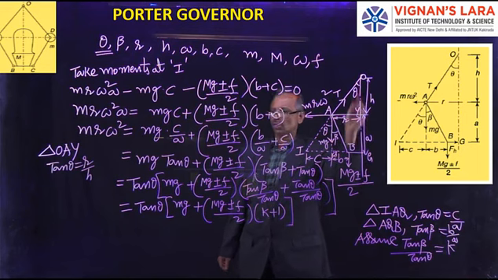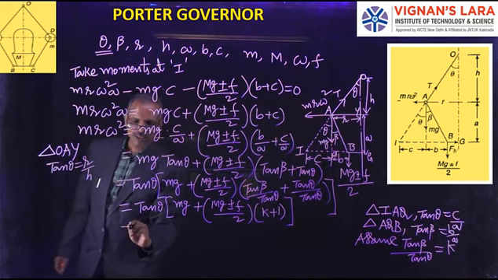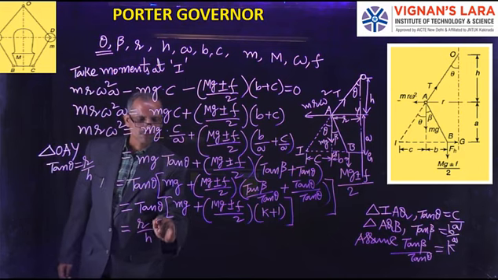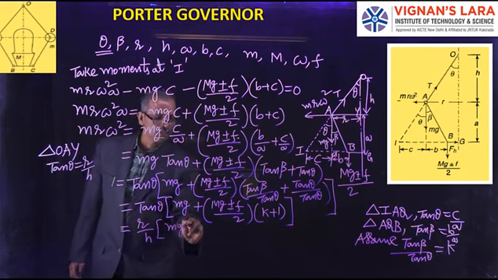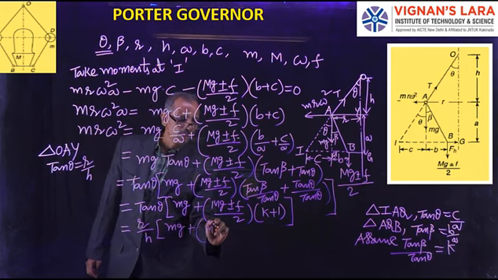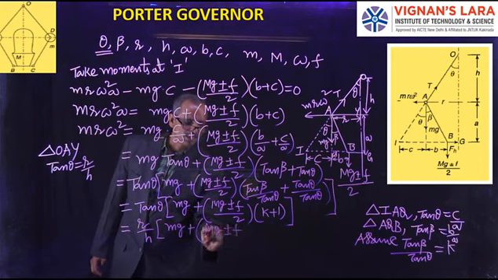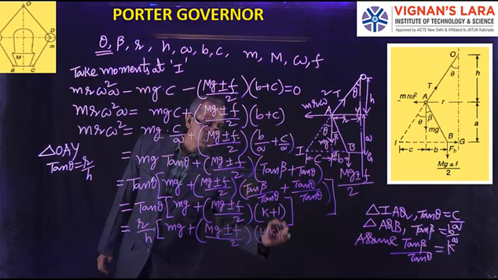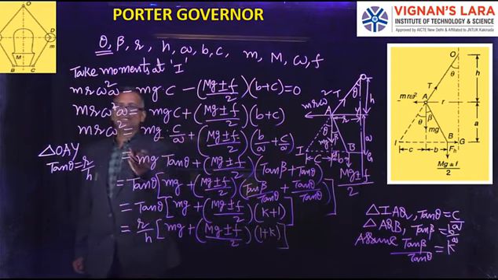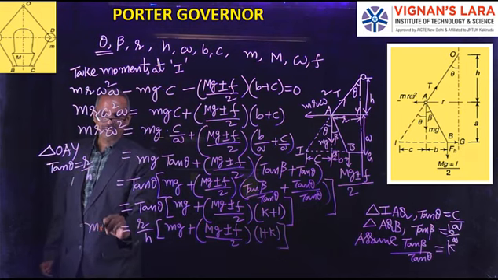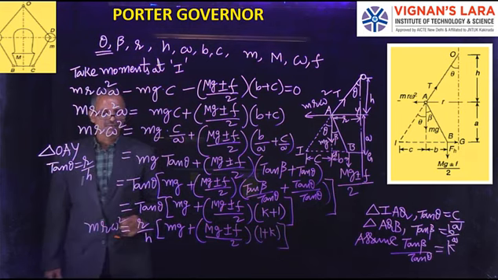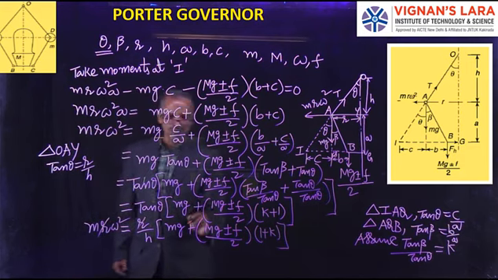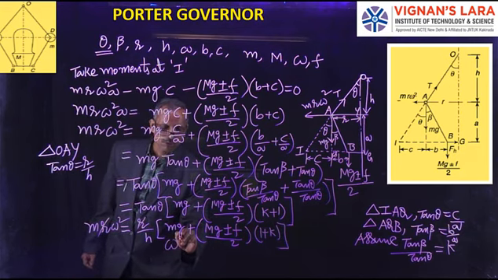So I can replace tan θ with r by h into (mg ± F/2) into (1 + K). K plus 1 or 1 plus K, both are the same. And the left-hand side is mrω². So r gets cancelled.